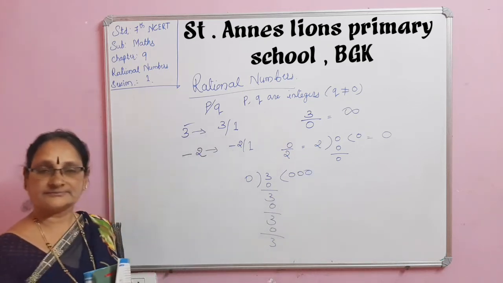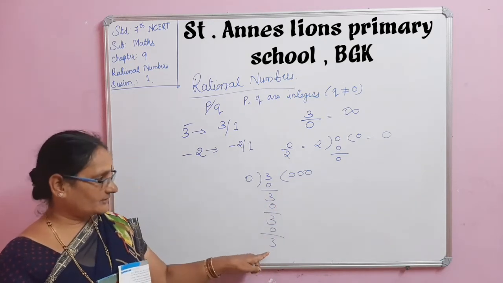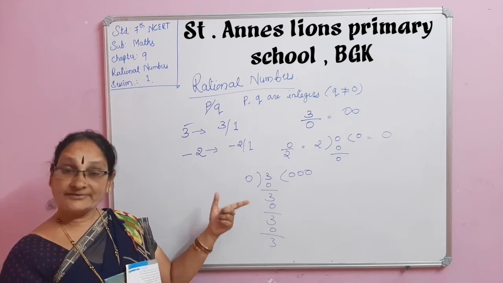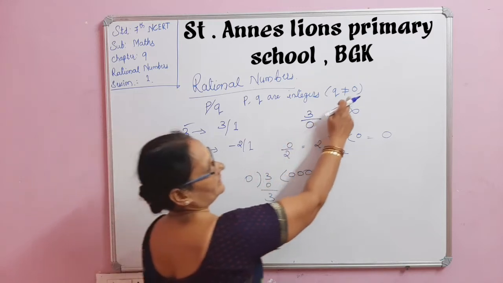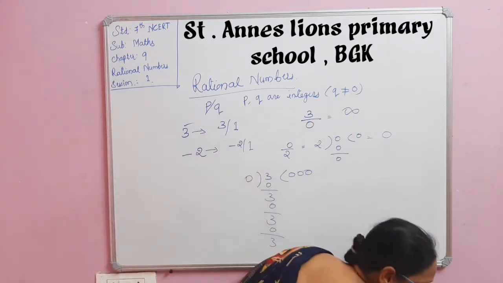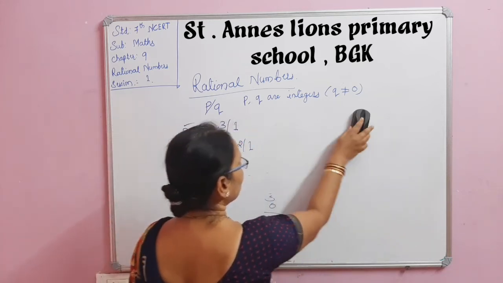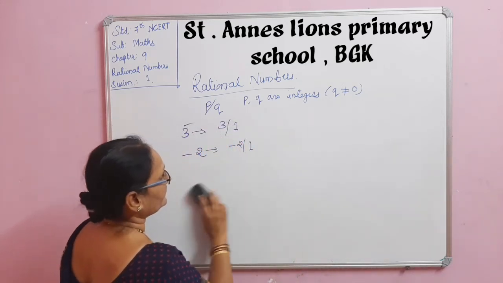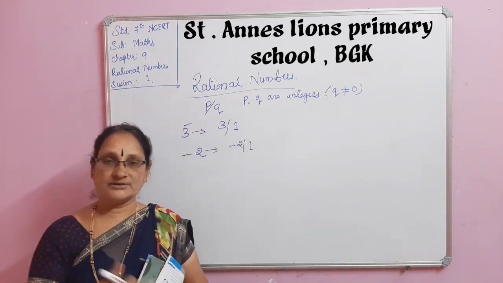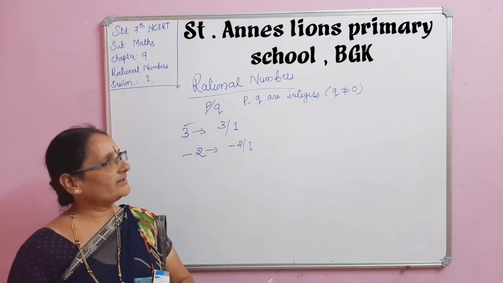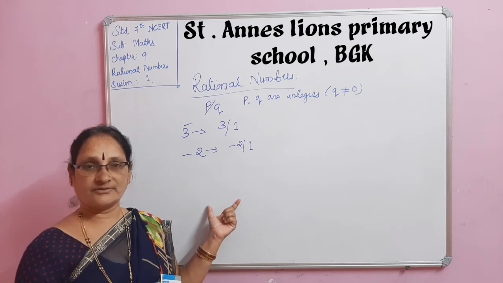Never ending. Again 3 by 0, never ending. It is infinite. That's why in the denominator there must not be 0. That condition is put here in order to help you understand. Actually this is not needed, but some of you may still ask why q must not be equal to 0 and what happens if there is 0, so I have given that answer.